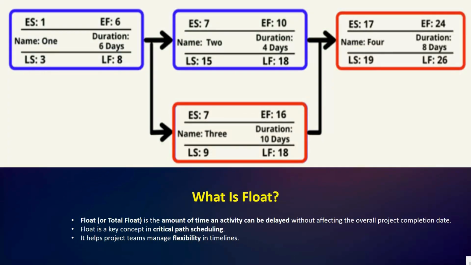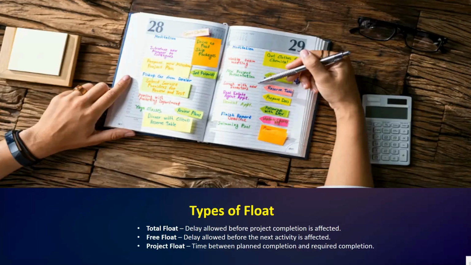For example, if an activity has 5 days of float, it means we can delay it by 5 days without affecting the final handover date. Understanding float helps project teams plan resources better and absorb minor delays without affecting the overall project timeline. So I hope this is clear.